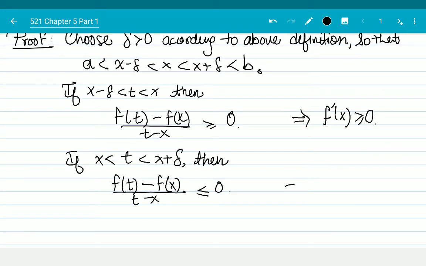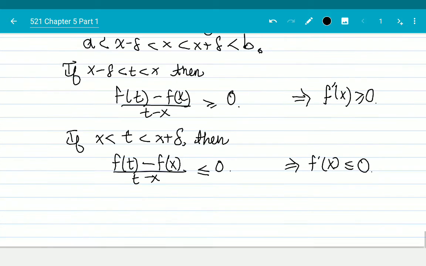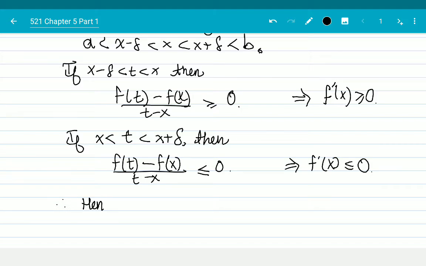The second part implies f prime of x is smaller than or equal to 0. Right? Hence f prime of x is equal to 0. Okay?